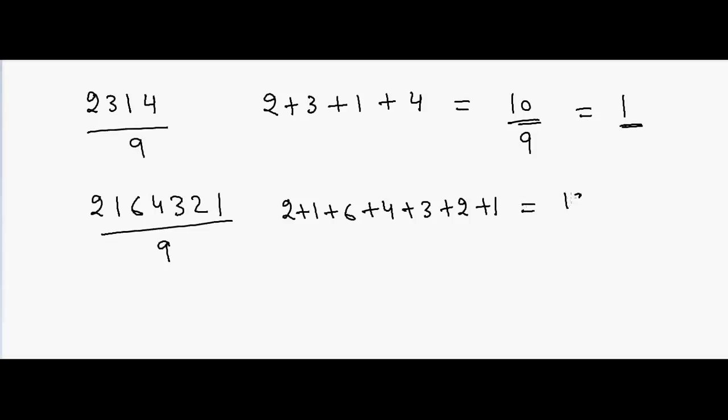So we have 19 divided by 9. If you divide 19 by 9, I'll get a remainder of 1. So again, if you divide this number by 9, your remainder will be 1. Another thing you can do is add 9 plus 1, that will give you 10, and then add 1 plus 0, that will give you 1. So your remainder will be 1.